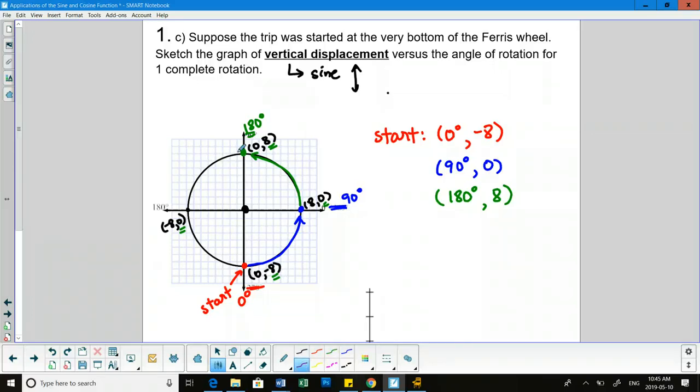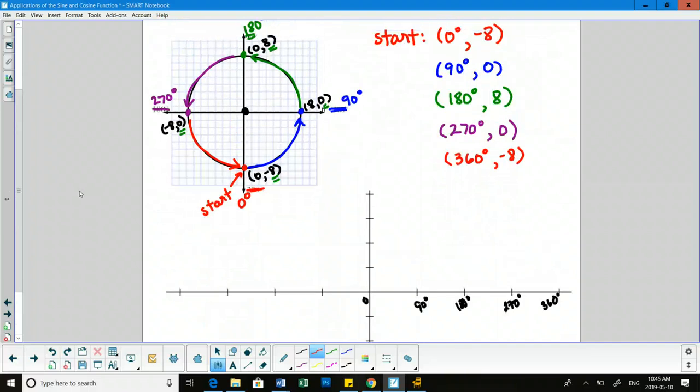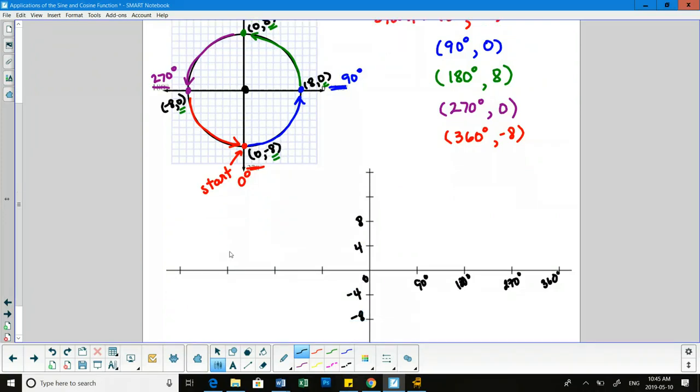Okay, and then around to the next location. This is a full 270 from where we started. What's my vertical displacement? 0, or the y coordinate at that location is what we're interested in. And then last location here, we are back at 360, and we're -8, or 8 meters below the center of the Ferris wheel. Okay, so when we graph this, I'll have the same y scale on my x and y axis.